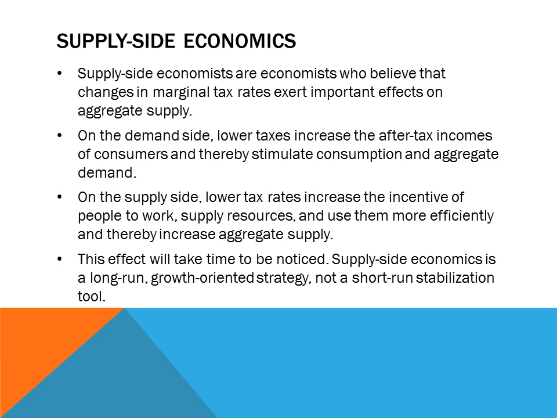This effect will take time to be noticed, and supply-side economics is a long-run, growth-oriented strategy, not a short-run stabilization tool. So using both the demand side and the short-run aggregate supply, these two functions will shift out over time, and eventually we will have a rightward shift of long-run aggregate supply.